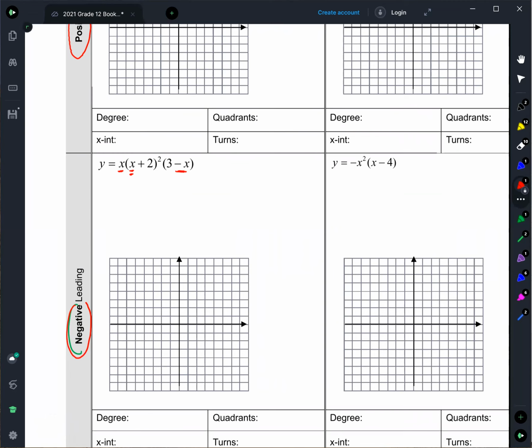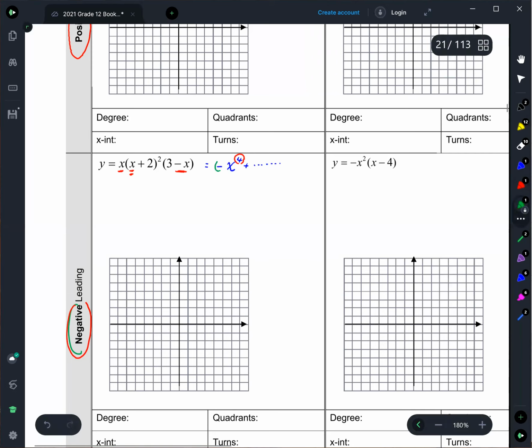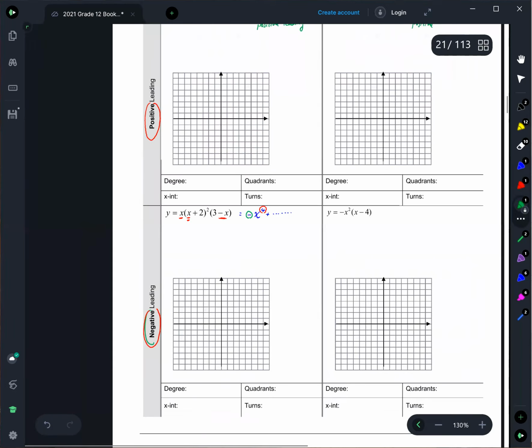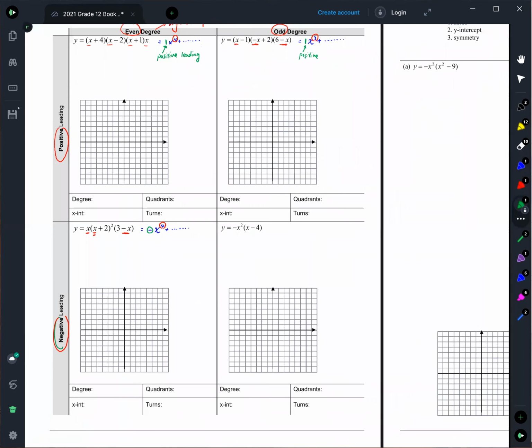Because of the square there. So at the end, you will end up with negative x to the 4 and then plus other terms, okay? But we only focus on the highest degree term, right? This one is even. This is negative. So that's why it belongs to the even negative.